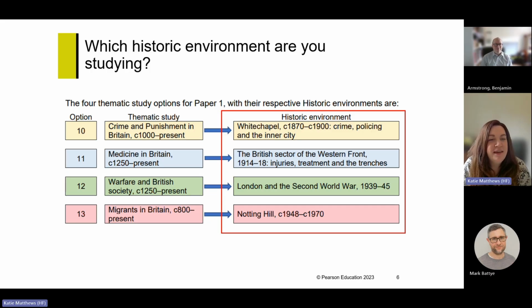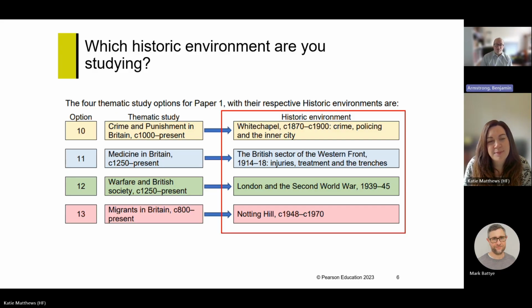So what are the different historic environments that students might be studying then, Ben? So the 4 thematic study options for paper 1 are connected to 4 historic environments. For example, if you're studying crime and punishment in Britain, that means that your historic environment will be Whitechapel, 1870 to 1900.